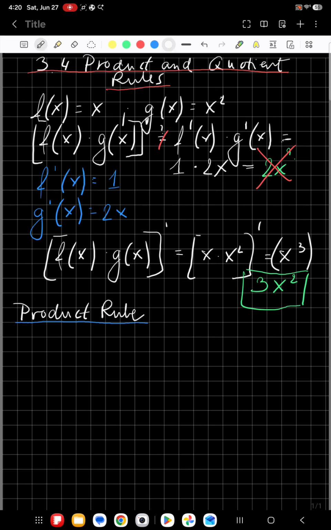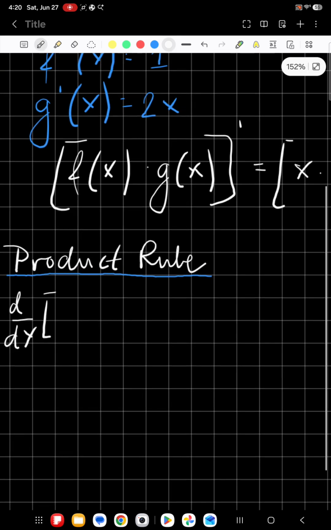So one more time, d/dx of f of x times g of x.